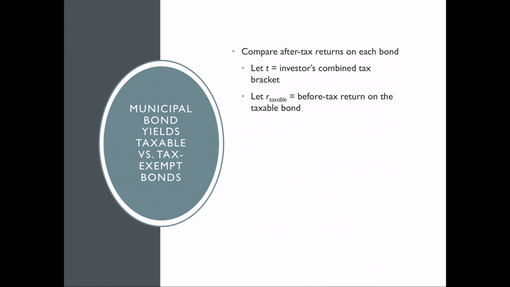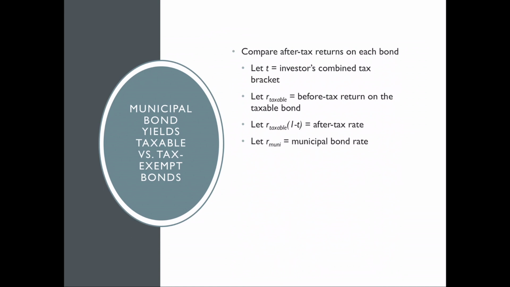R taxable would be the before-tax return on the taxable bond. We take the taxable bond's return and multiply it by 1 minus T, your tax rate, to equal the after-tax rate. And then we'll let R sub muni equal the municipal bond rate.